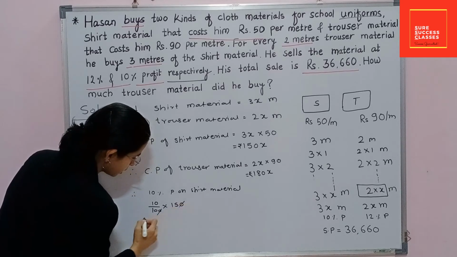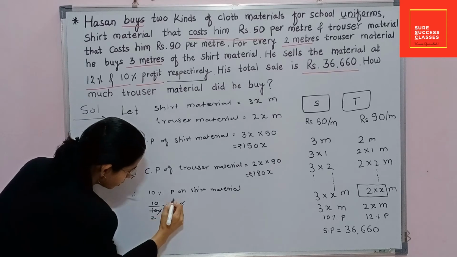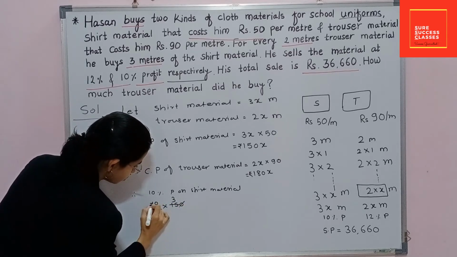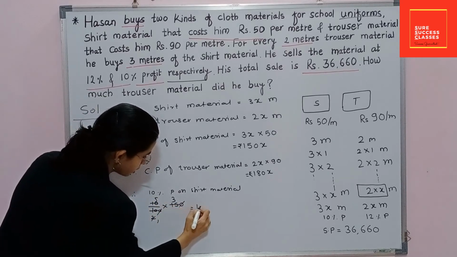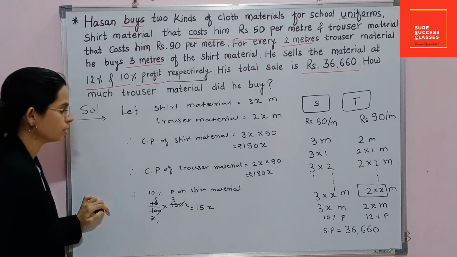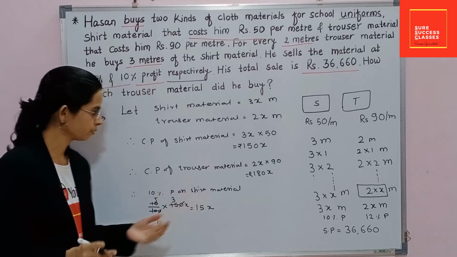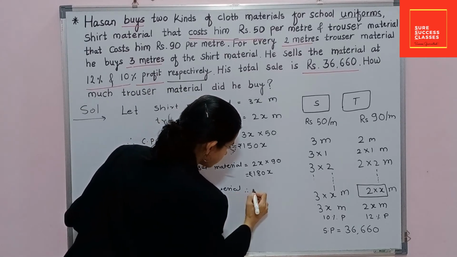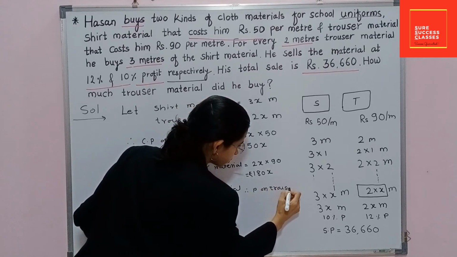Here 0 cancels out. 5 2s are 10, 5 3s are 15. So the profit on shirt material is 15x. Similarly, we can calculate the profit on trouser material.